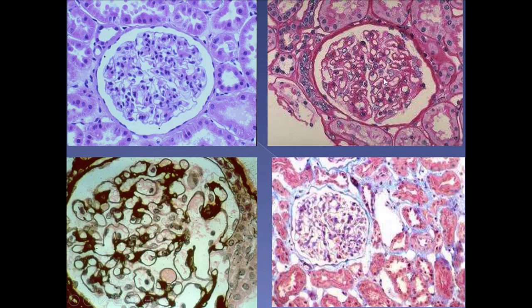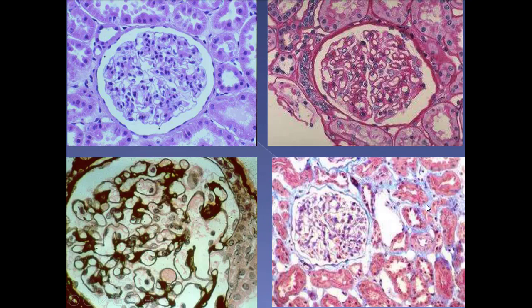So this is the periodic acid Schiff stain. This is the negative, black and white. So the mesangium is black. The glomerular capillary membrane we can define very well. We can draw it, and this is the Bowman's capsule. All are black and white. This is the silver stain.